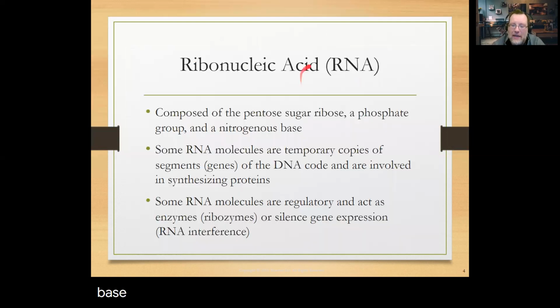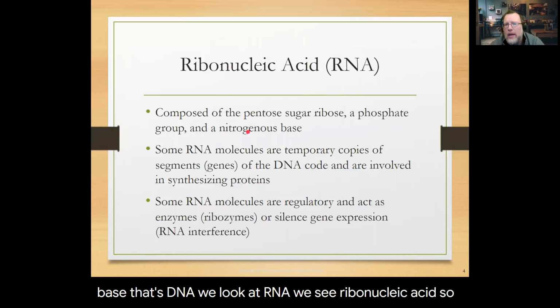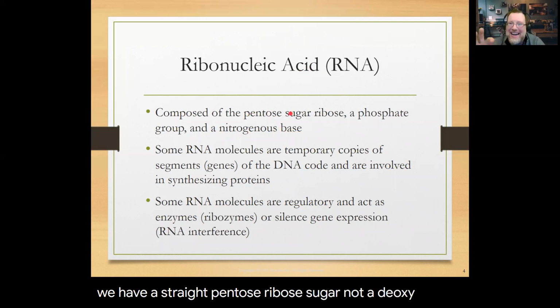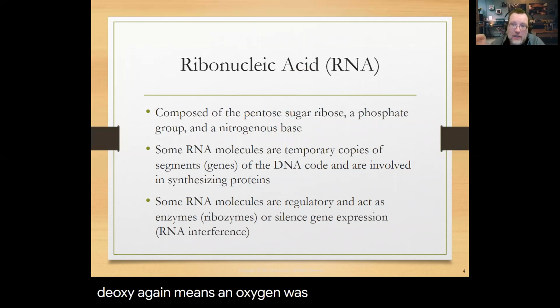Okay, that's DNA. We look at RNA, we see ribonucleic acid. So we have a straight pentose ribose sugar, not a deoxyribose. Deoxy, again, means an oxygen was removed, deoxygenated.